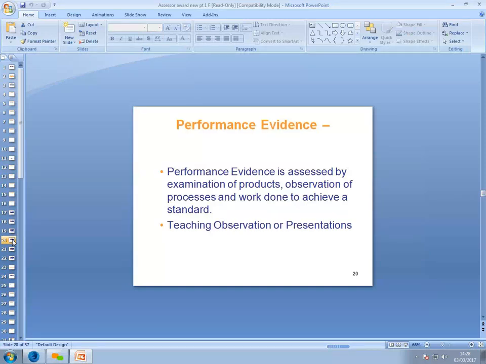I'll just bring something in here a bit early because we'll mention it later on. You can use things like, if you were an assessor assessing apprentice technicians in the garage, the garage proprietor is with the learner most of the time.